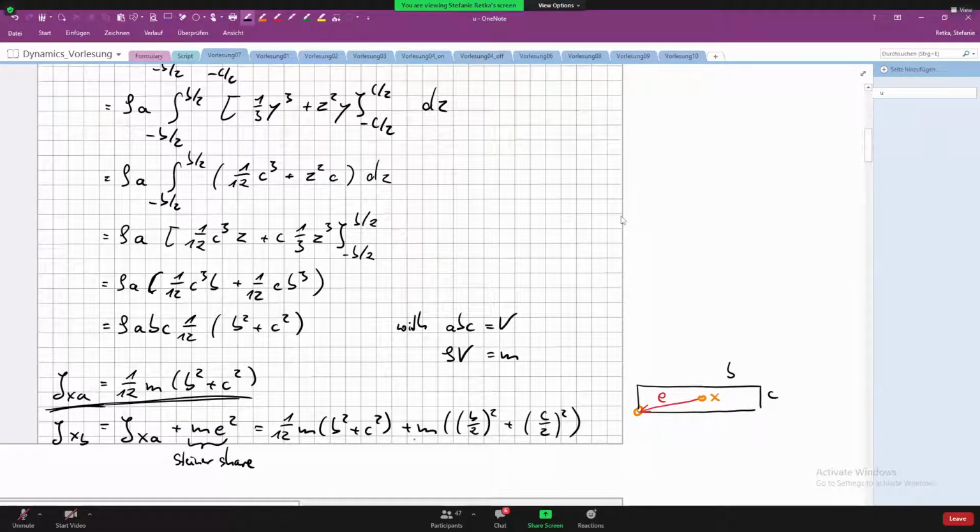Then for the second part, it is 1/4 mass times b squared plus c squared, and 1/12 plus 1/4 is 1/3 m times b squared plus c squared.